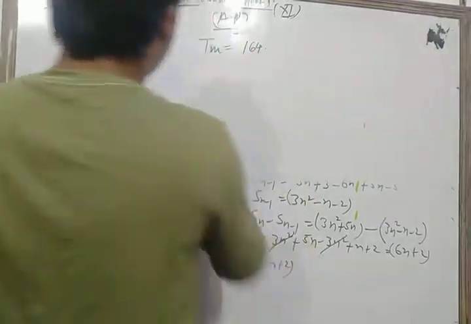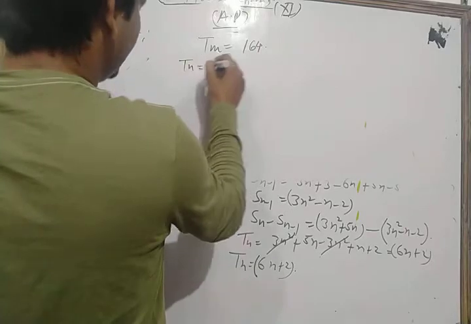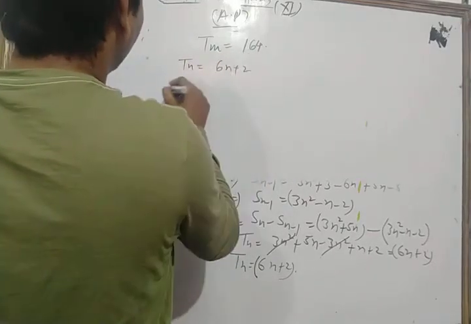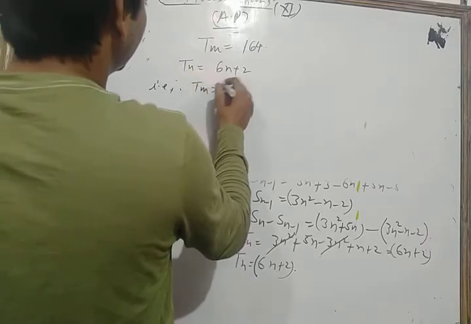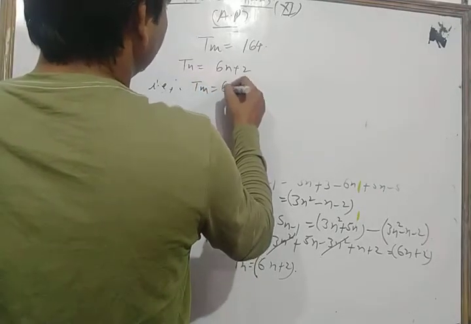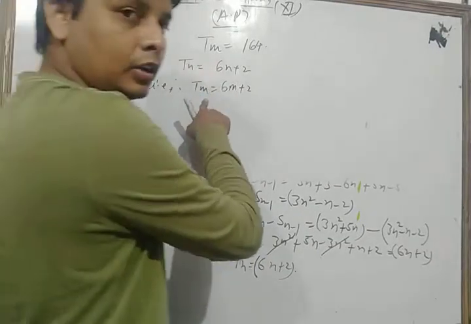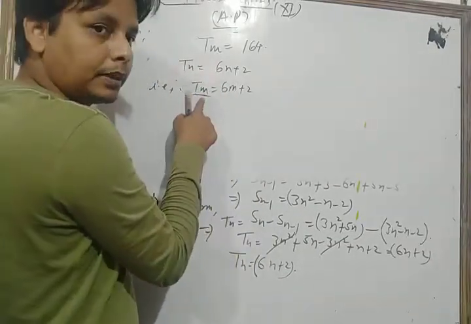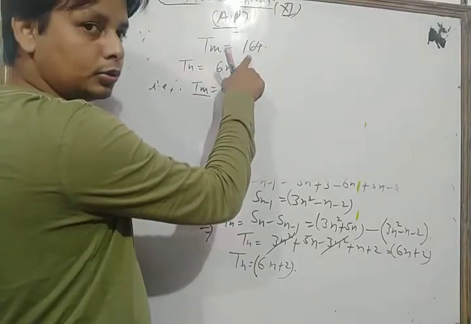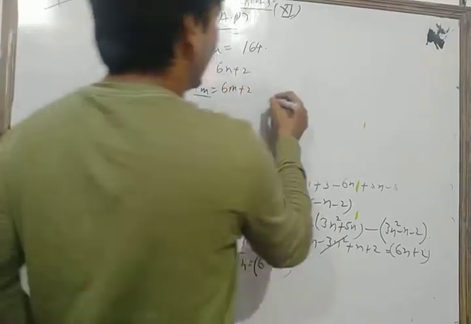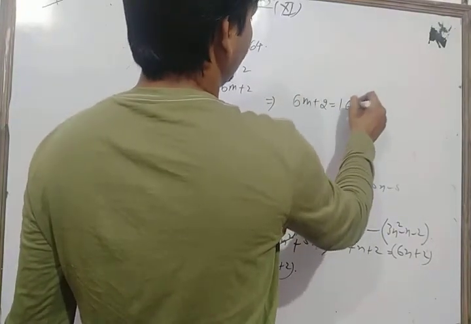Since Tn is equal to 6n + 2, its mth term is 6m + 2, where we replace n by m. So the mth term of this AP is 6m + 2, and according to the question it is 164. So we have 6m + 2 is equal to 164.